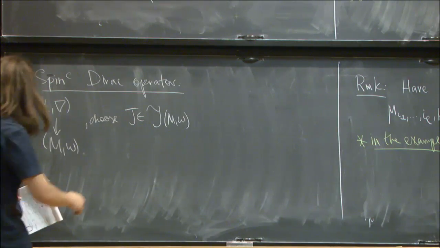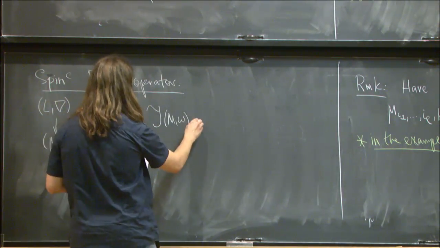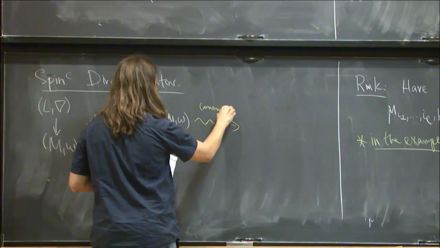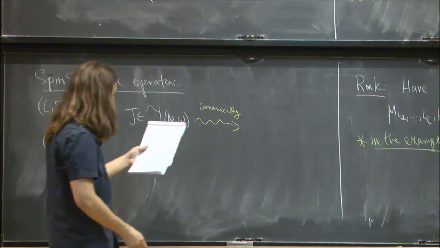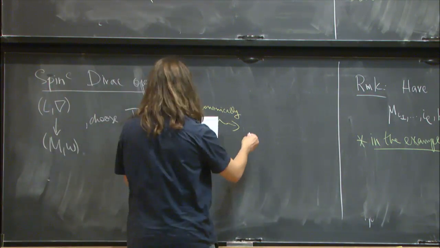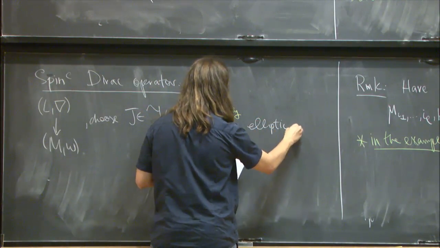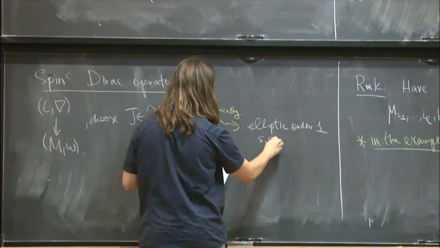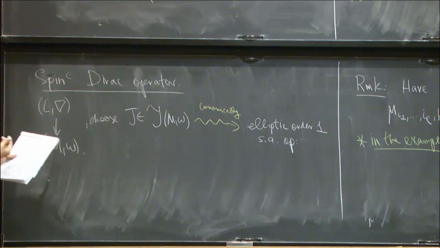And this data canonically assigns us an operator. So which operator? Well, it's going to be an elliptic, order 1, self-adjoint operator.